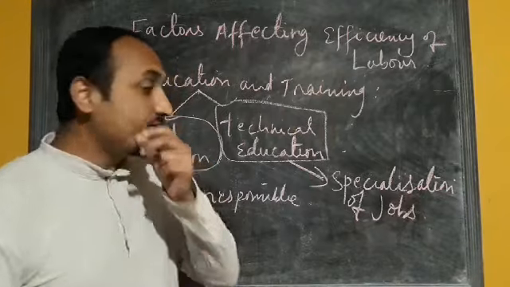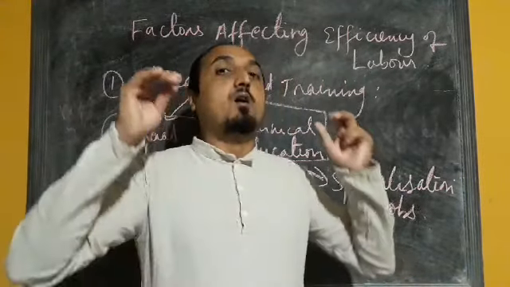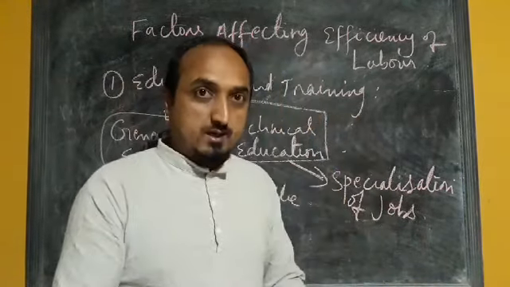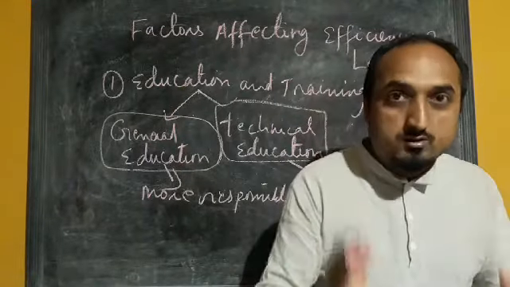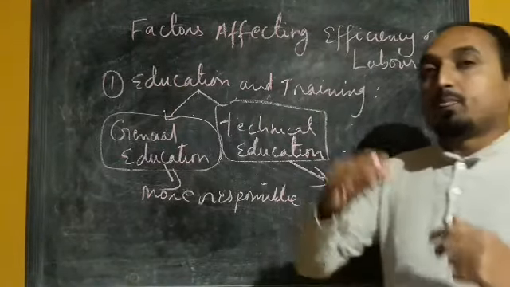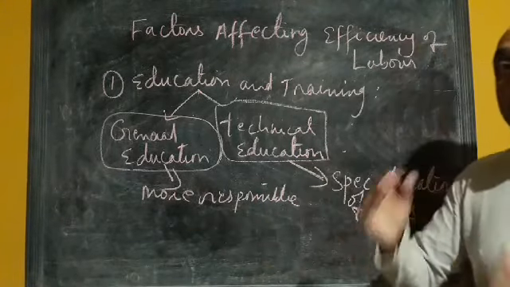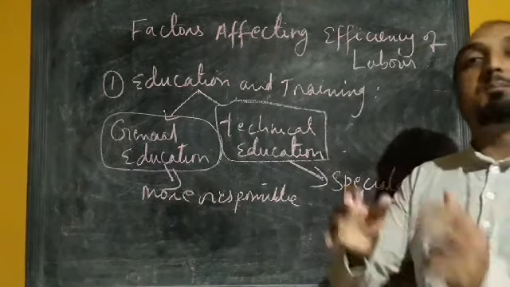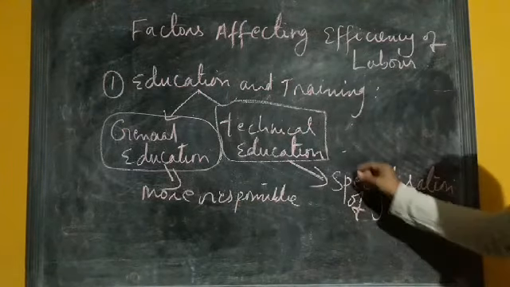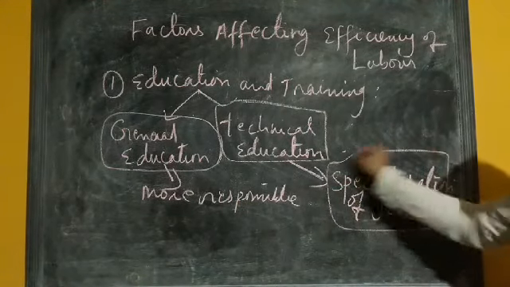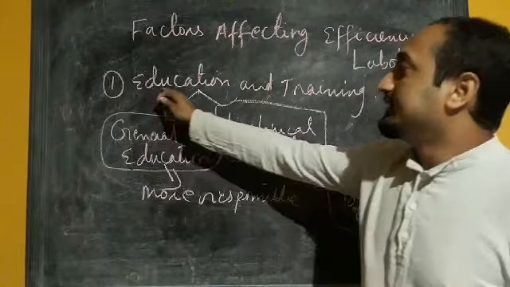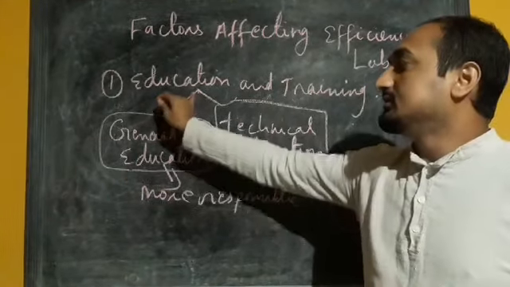Specialization of job means if the workers are well educated, if workers are more trained, then he will specialize himself in a particular job, and once the worker is specialized in a particular job, obviously his efficiency will improve.